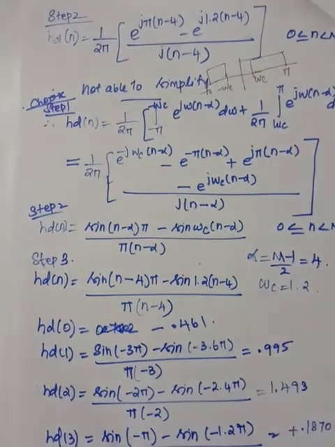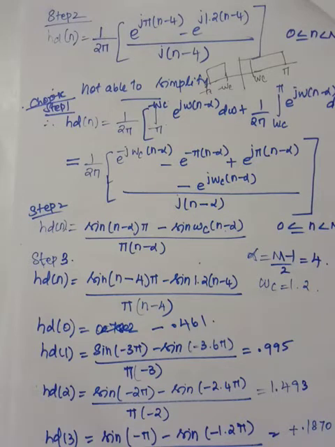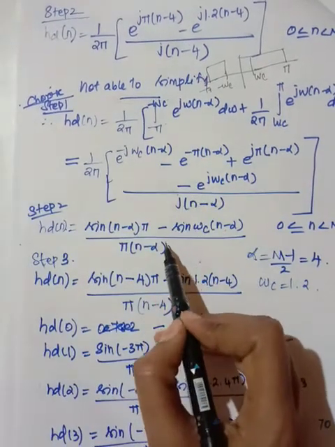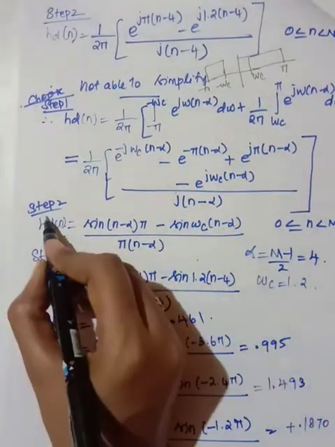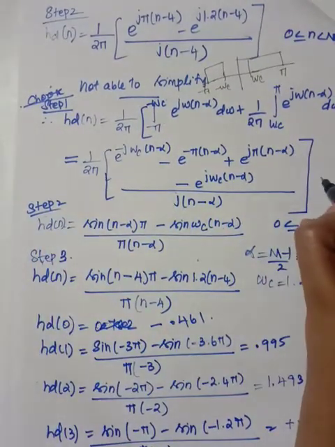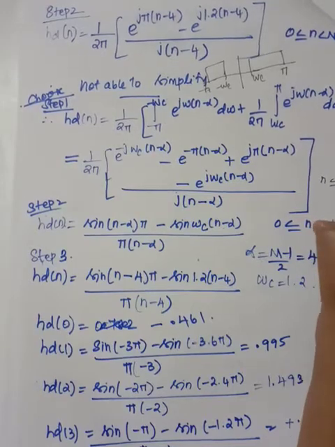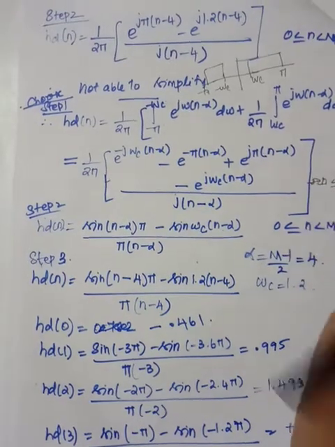So for that only we have to consider both the ranges, whether it is a causal sequence or a non-causal sequence. For integration, consider both the sides, then only it is easy for you to simplify. Okay, now here the second step, this is for infinite range, that is n lies between plus infinity and minus infinity.